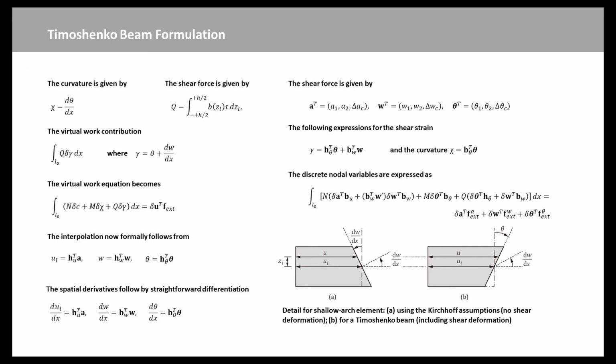Since this identity must hold for arbitrary delta A, delta W, delta theta, a set of equations results that has the familiar appearance of the balance of the external and the internal forces, and we have the new internal force vectors.